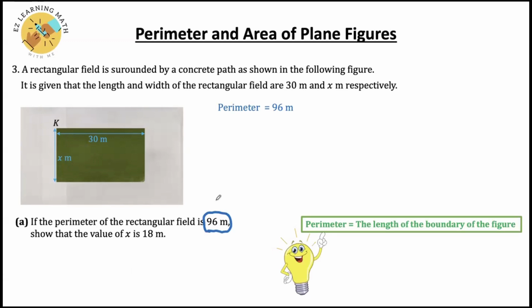Let's label rectangle K, L, M, N. So the perimeter is KL plus LM plus MN plus NK equals to 96.